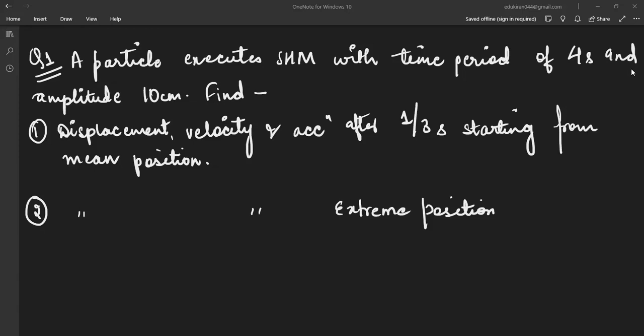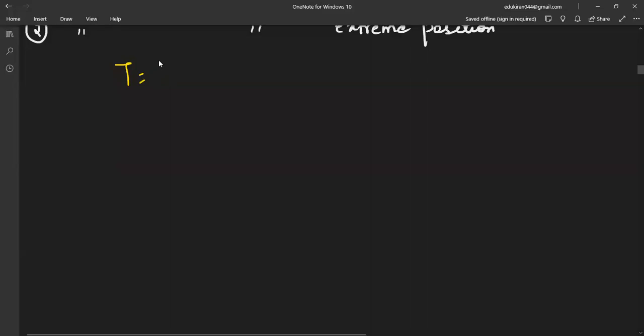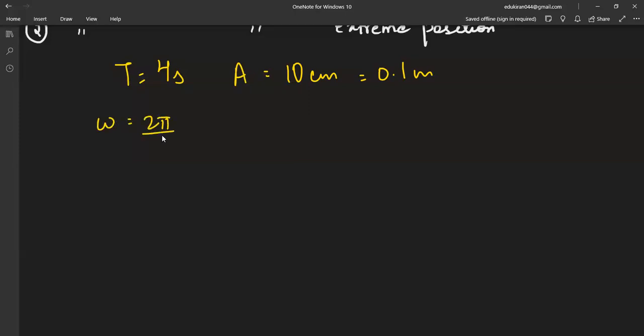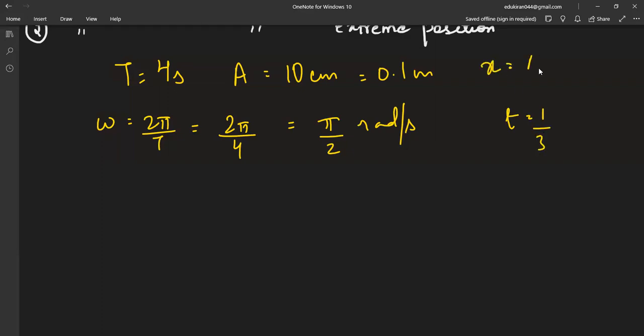Let me discuss this. See, time is 4 seconds, amplitude is 10 centimeters, which is written as 0.1 meters. Omega is 2 pi by T. So this will be 2 pi by 4, that is pi by 2 radian per second. We have the time as 1 by 3. Also one thing, we have the equation as A sine omega t.